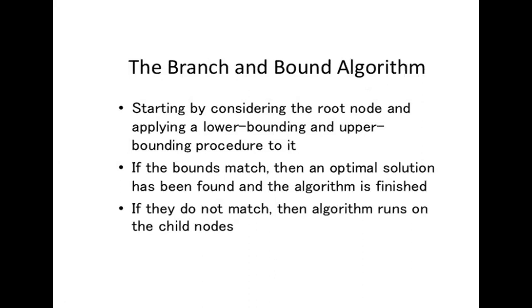So what is branch and what is bound? Branch means we have several choices found. That is branch, by constructing a DFS tree, by using the DFS tree you construct the state space tree. And bound means we are setting a bound on solution quality. That is pruning.